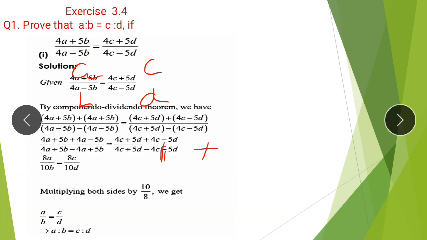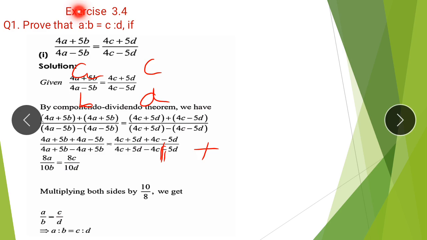Now you can go with 5b and 5b will get cancelled, and 4a plus 4a will result in 8a. 5b plus 5b will be 10b, and 4a and 4a will get cancelled. Here, if we talk about this one, 4c plus 4c is 8c, and 5d plus 5d will be 10d, and 4c and minus 4c will get cancelled here.